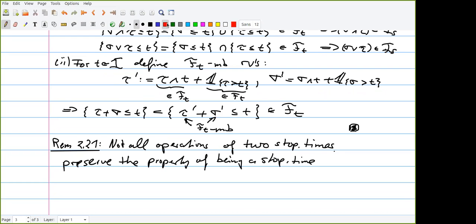Let me make this red again. So be careful. For example, if you take tau minus sigma, or just tau minus a constant s, these are not stopping times in general.